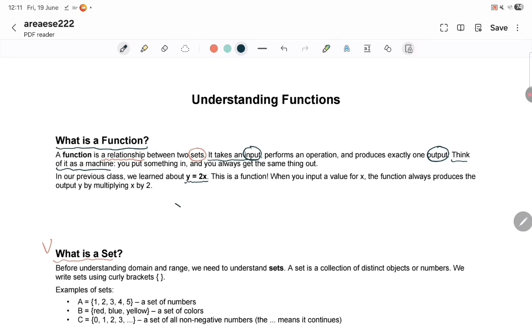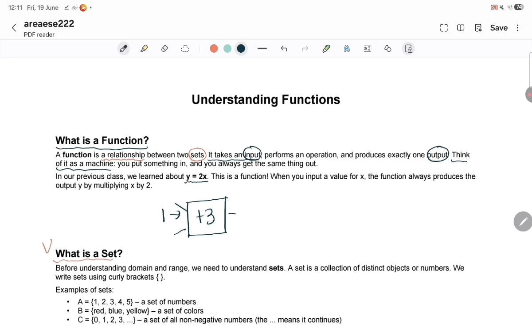I will draw a machine here. Let's say this machine, if you put something inside, produces the input plus 3. Let's say it takes 1 as an input.